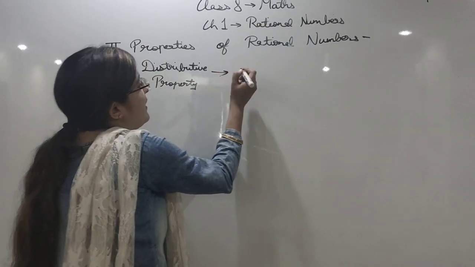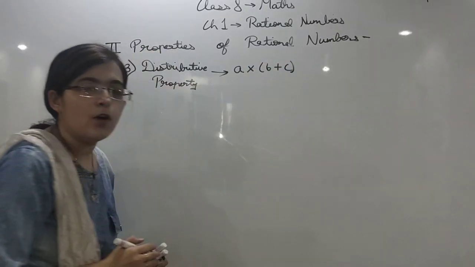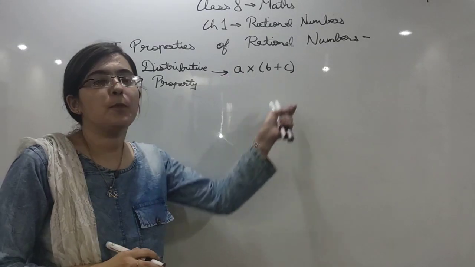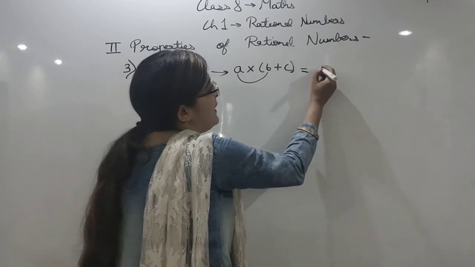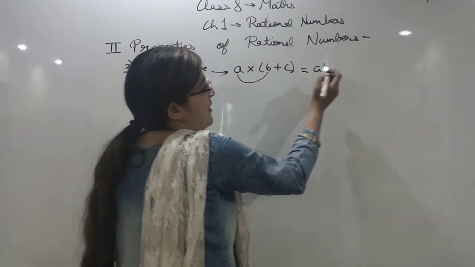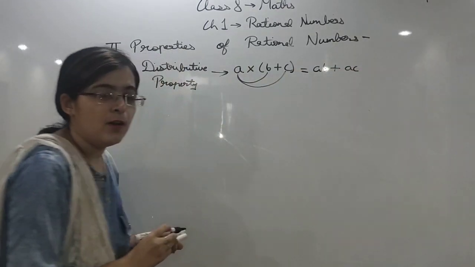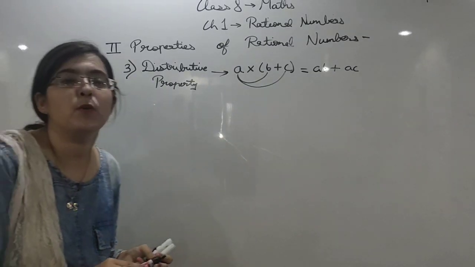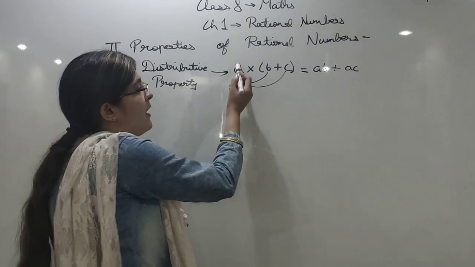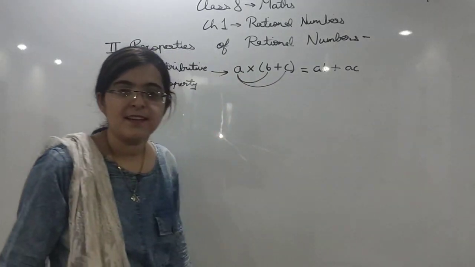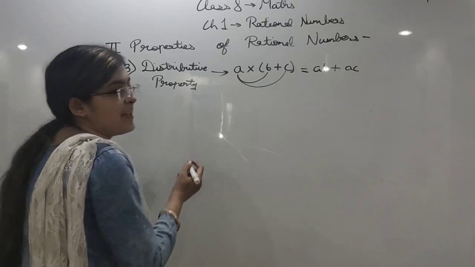That if A into B plus C is there, then A will be multiplied by B. The sign which is here will come here. Then A will also be multiplied by C. This is known as your distributive property. That means A into B plus C becomes AB plus AC.